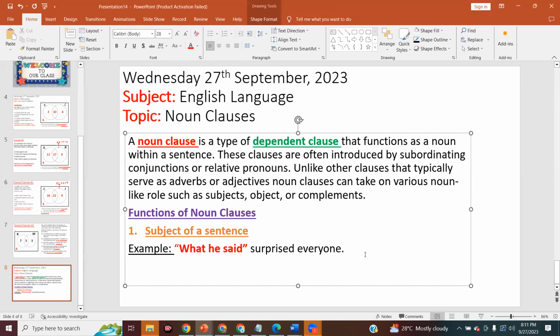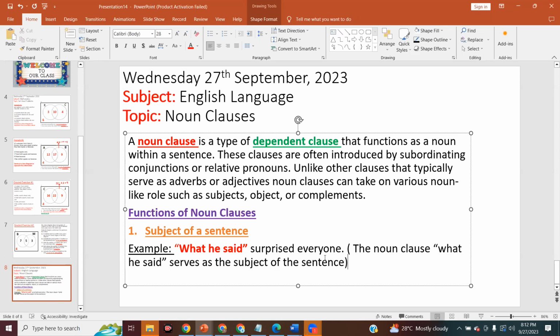So in this case, this is very important. The noun clause, what he said, serves as the subject of the sentence, okay?